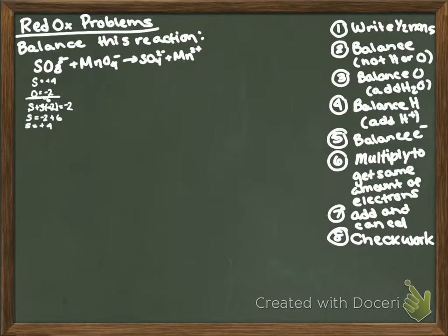Next thing I need to do is look at my manganese and my oxygen, this next ion. Once again, oxygen is going to be -2, and I just need to figure out what the manganese that's paired with it is going to be. So my manganese plus 4 times my charge of oxygen is going to be equal to -1, because that's the total charge on this ion.